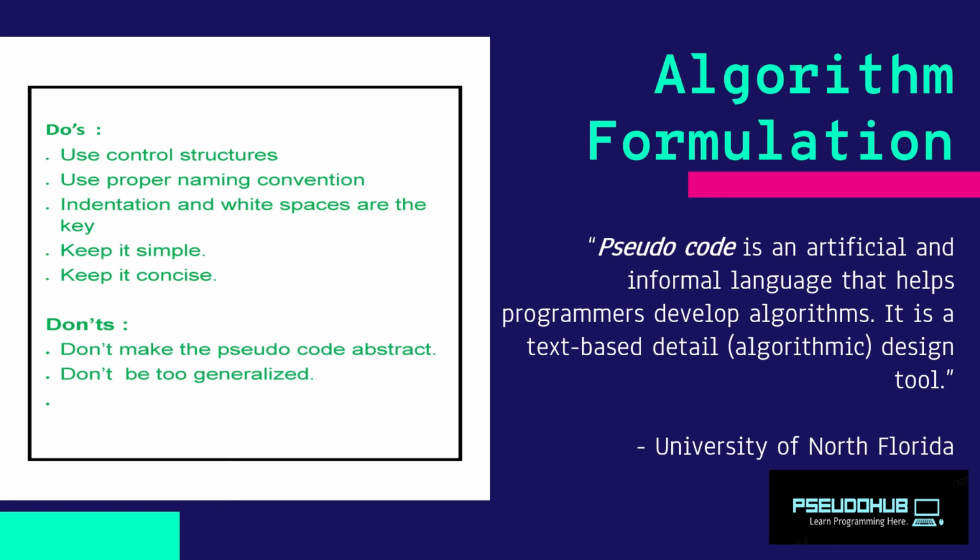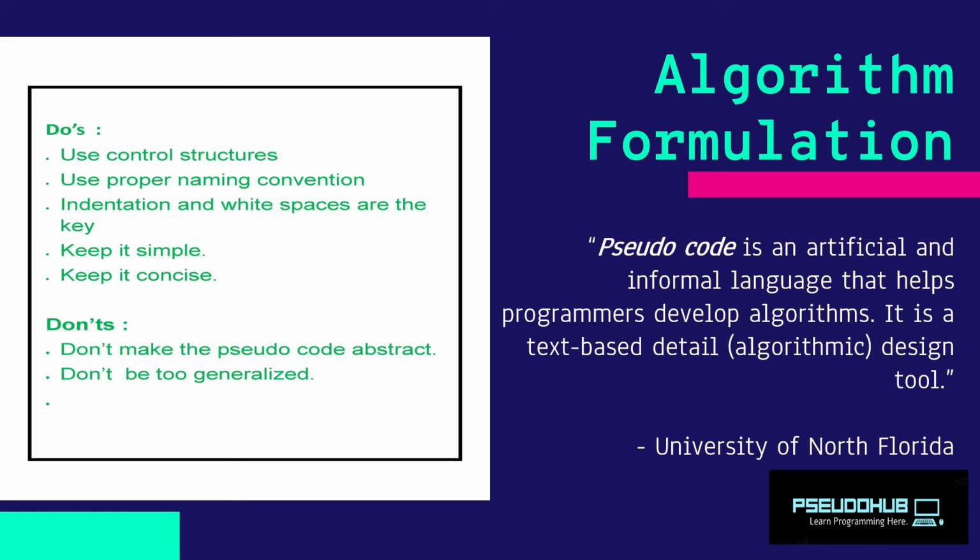Okay, second, we have to use proper naming convention. In programming, like we have mentioned in the previous topic, variables are very common. You need to use variables to accept input or to accept data from the user. The same as in math, where given values are stated like let x equals 5, let y equals 10. Those are the variables. So for our variables, we need to use a proper naming convention, name them properly, so we won't get confused later on and forget their purpose.